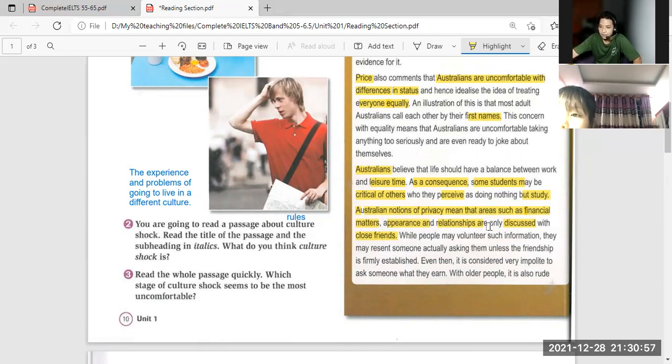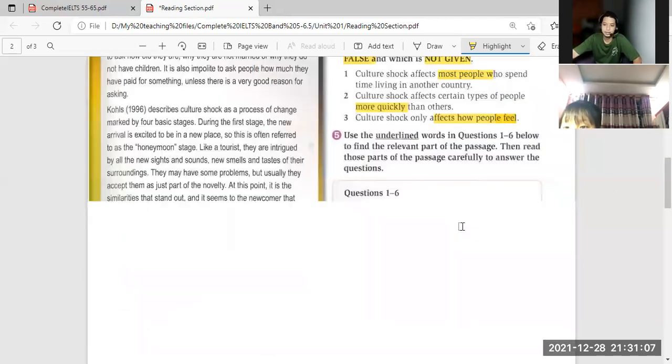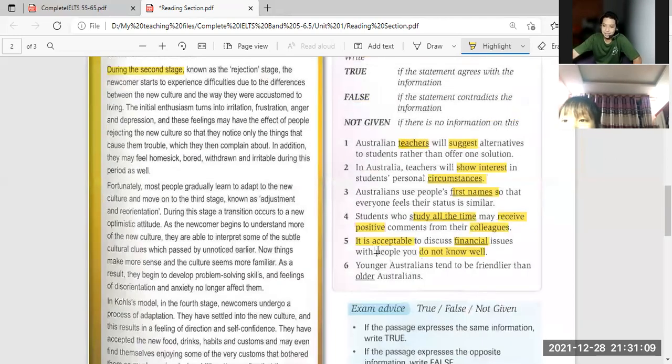So it says in here that you only can discuss about financial things, appearance, and relationship with people that you know very well. Okay, but it is said in here, it is okay to discuss about money with people that do not know well. So what do you think? It's false. Yes, it is false.